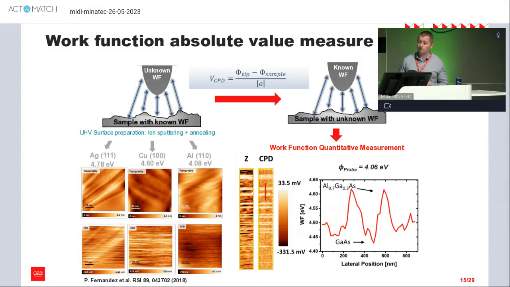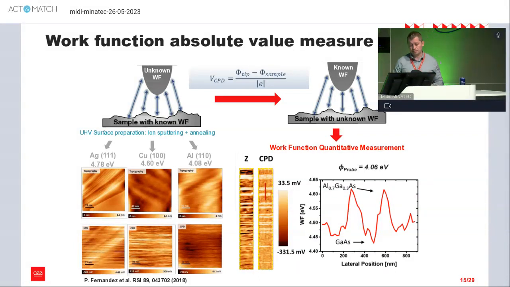As we start the experiment with KPFM, the work function of a tip we don't know. However, we can calibrate this work function of a tip with some calibration samples. So for example, here I choose some metals where I know the work function. And through this equation, as we know work function of a sample, we can deduce work function of a tip.